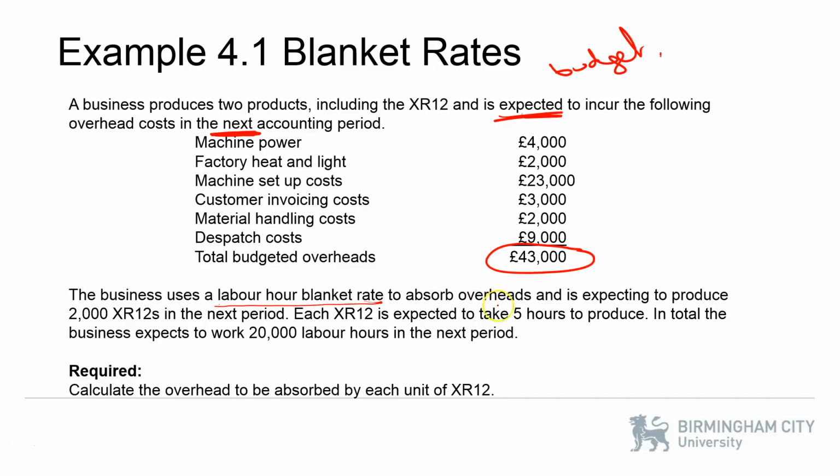So if we carry on reading through, they expect to produce 2,000 XR12s in the next period. Each XR12 is expected to take 5 hours to produce. In total, the business expects to work 20,000 labour hours in the next period. And you're required to calculate the overhead to be absorbed by each unit of XR12.